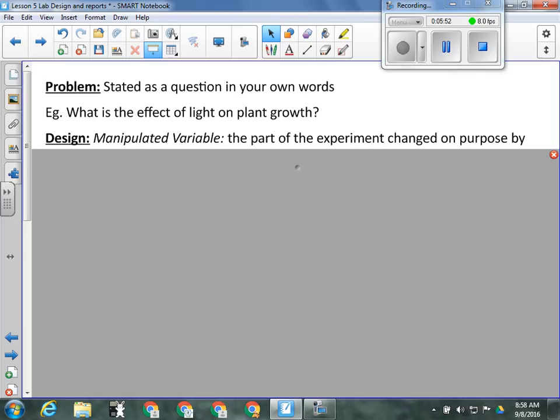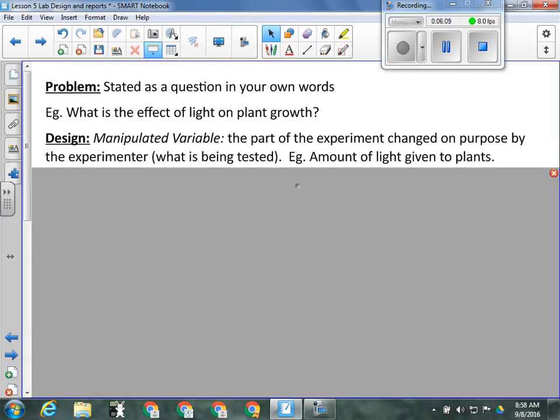The manipulated variable is the part of the experiment that's being changed on purpose by the experimenter. Okay? Essentially, it's kind of what you're testing. Okay, so the example here would be the amount of light that's given to plants.